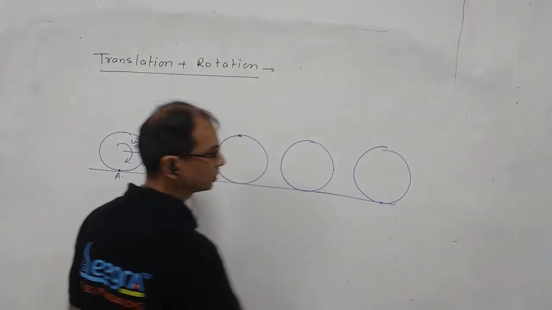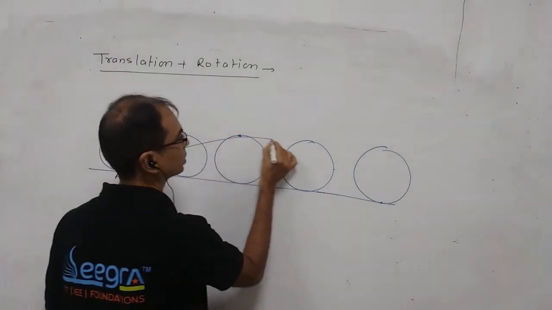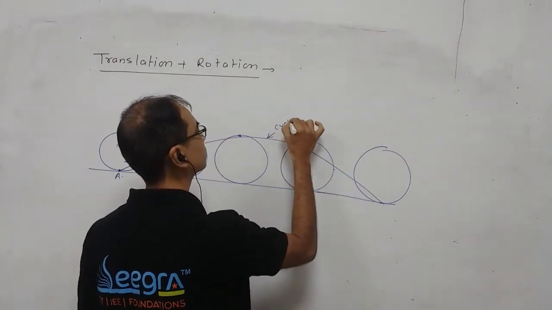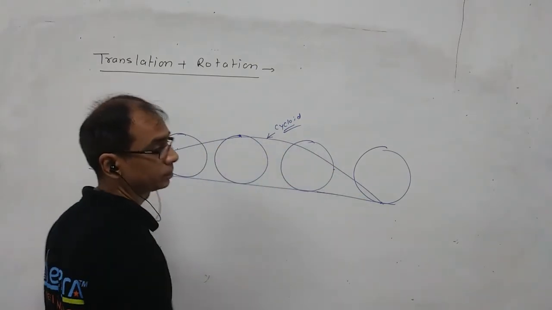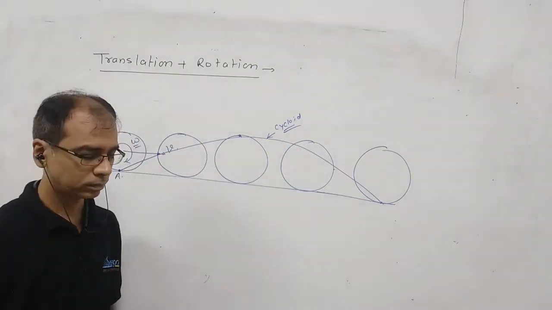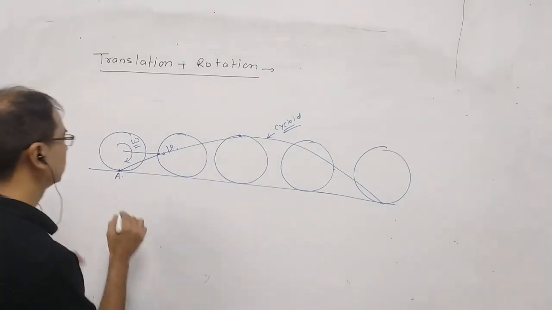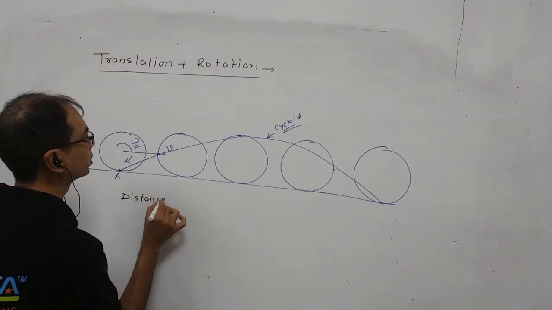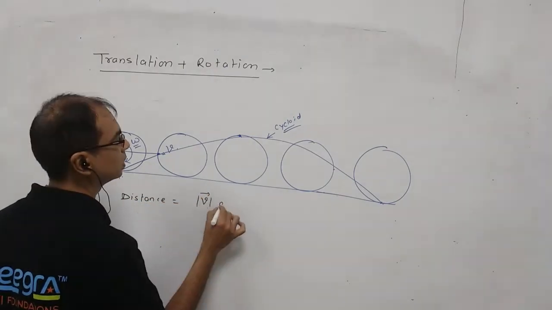This is one rotation. We saw that its path is something like this, which we call a cycloid. So we have to find how much distance it has traveled, that means the length of the path. That is only the distance. How to find it? The distance, as I told you, is basically the magnitude of velocity, d.